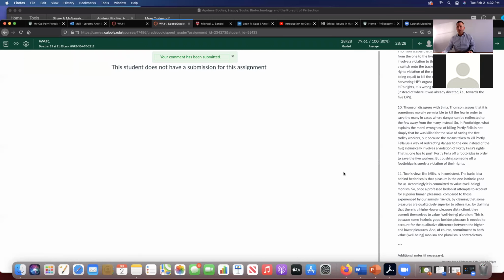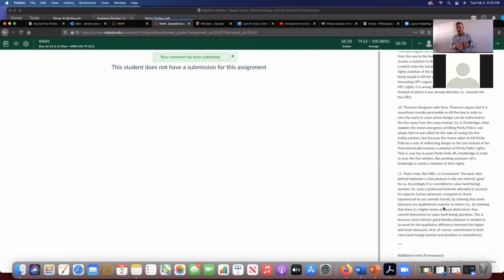Okay. So there were some who claimed in their answers simply that saying that there are higher and lower pleasures commits one to value pluralism, but they didn't explain the connection between the two. And the connection is shored up by building in the idea that the higher and lower pleasure distinction is a distinction of qualitatively different kinds of pleasures, or a distinction that has it that some pleasures are intrinsically better than other pleasures.